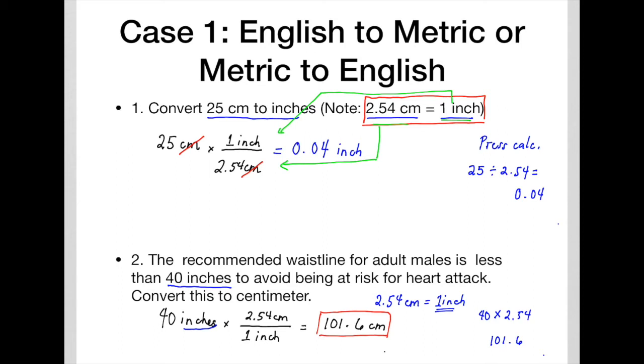So, here I have one significant figure. On this portion, I have one significant figure, and therefore, my final answer should be expressed in one significant figure. Therefore, I could round it off to 100 centimeter, and that is expressed as one significant figure.